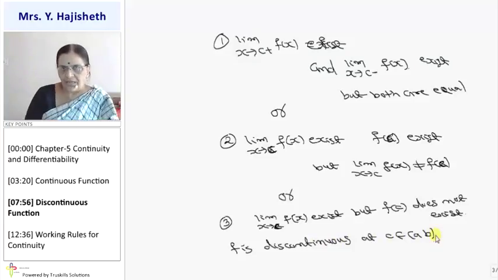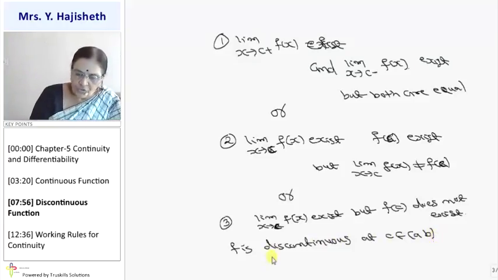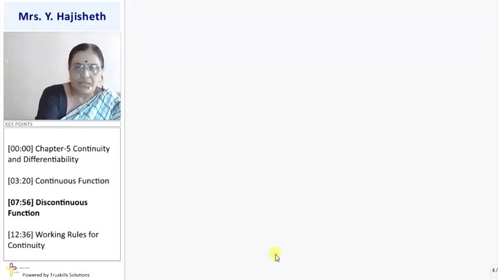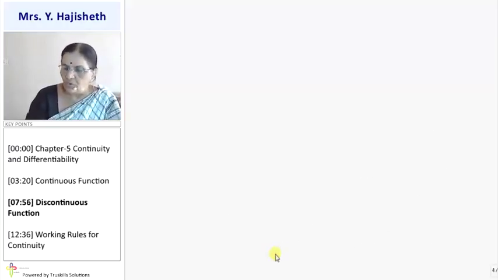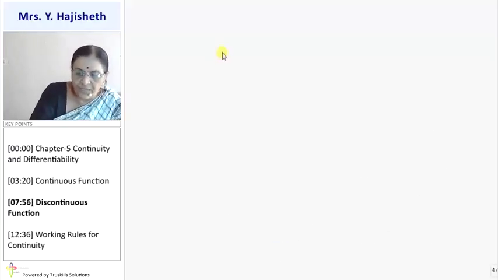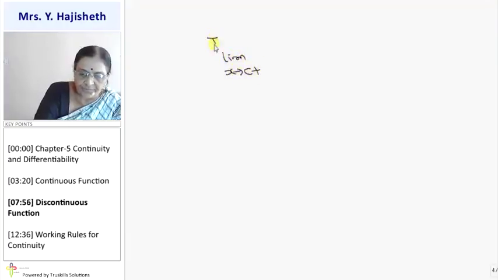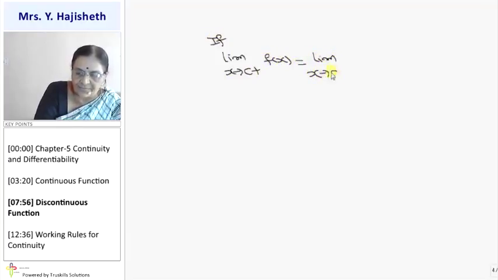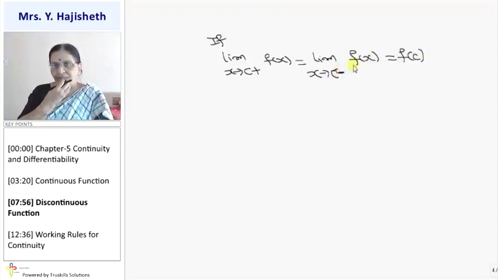Shortly, if you want to check, you should check only this. Altogether I can write: if limit x tends to c plus of f(x) is equal to limit x tends to c minus of f(x) is equal to f(c), if these three are equal, then all three conditions are satisfied.